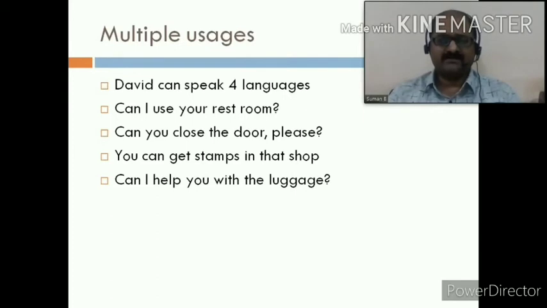Not only can, when it comes to a language like English, English has the most multiple usages compared to any other language in the world. What do I mean by this phrase? Multiple usages, multiplicity in terms of usage.